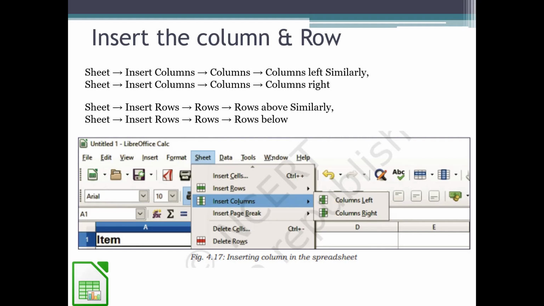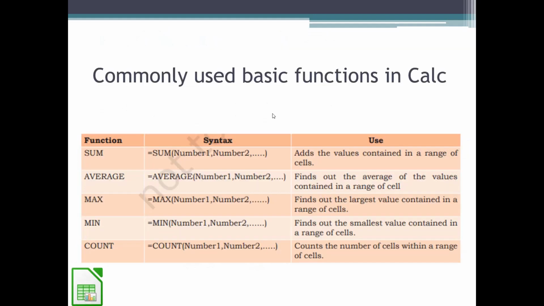If we need to insert on the left side of a column or the right side, we have two options, and you can click whichever the requirement is. The same goes for rows, above and below. So you need to identify Sheet, Insert Columns Left or Right, and Sheet, Insert Rows Above or Below.